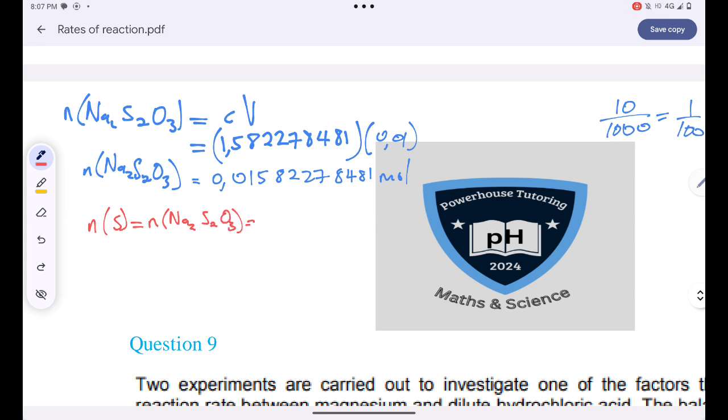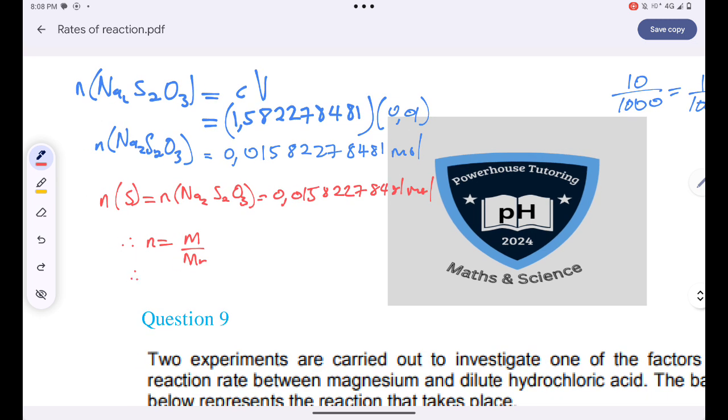So the number of moles for sulfur, I'll simply have 0.01582278481 moles. So for me to find the mass, I'll simply say number of moles equals mass divided by the relative atomic mass number. Therefore, the mass of my sulfur is number of moles multiplied by the relative atomic mass number.